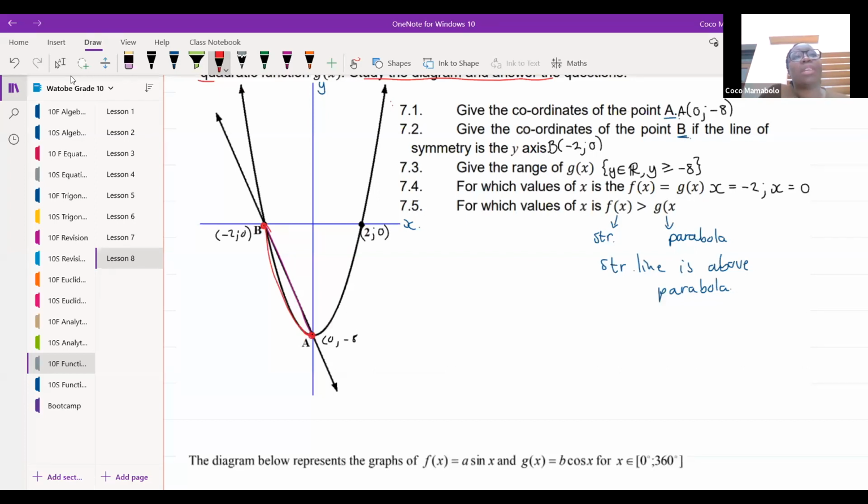My x values are going to be between the point -2 and the point 0. Are we in agreement here? All of these points here, my parabola will be below. So when they ask for which x values, we're going to say all the x values in between -2 and the last point over here, which is 0.